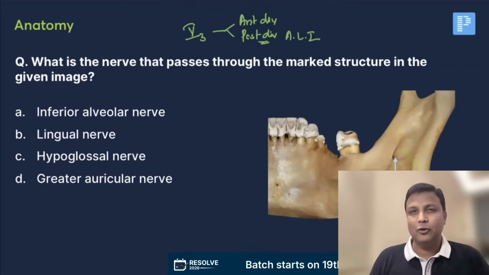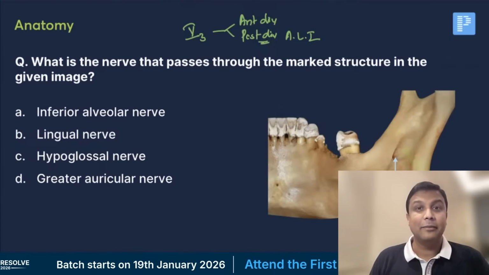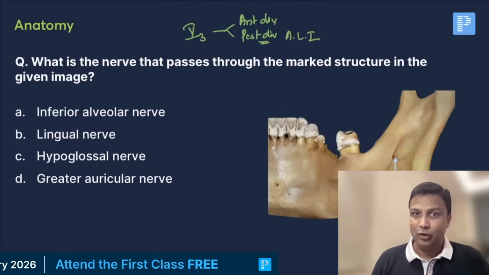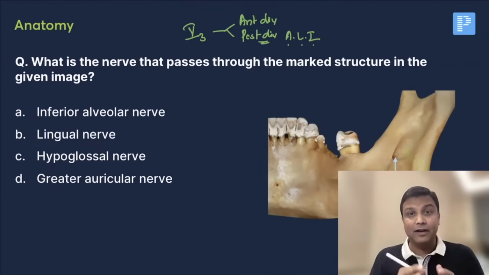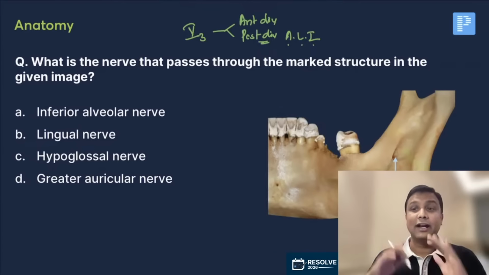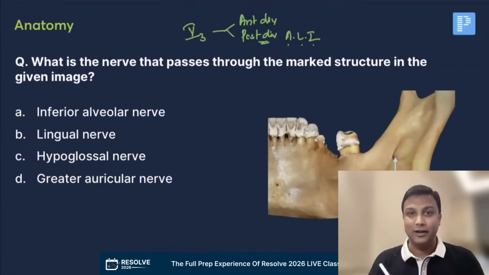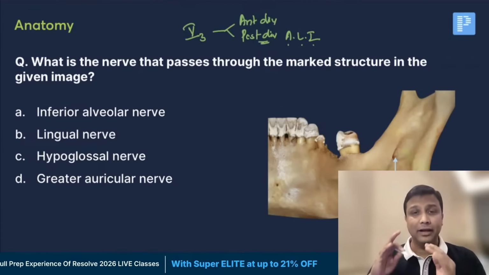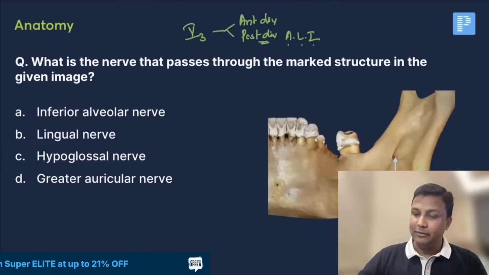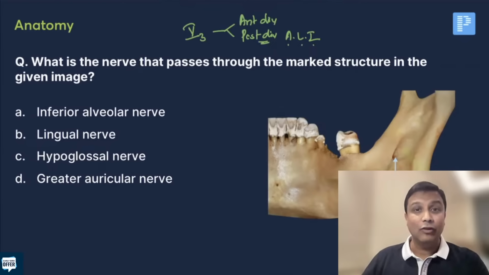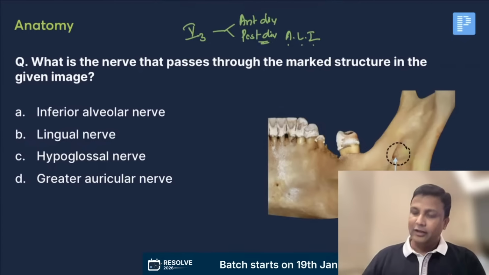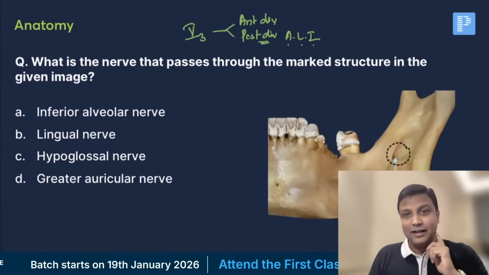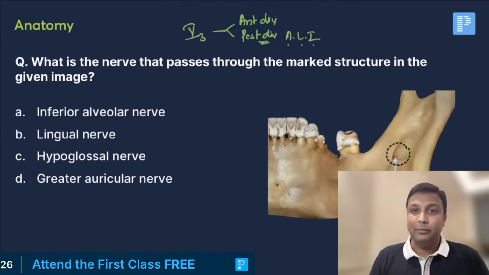And I told you that the question in your exam will come from these three branches. Definitely the question will come from out of these three branches. Every time they'll be giving one branch. In fact, auriculotemporal nerve, lingual nerve, and inferior alveolar nerve, all the three nerves, I even told you the question that is going to come. The question is, in the mandible, where will the inferior alveolar nerve pass from? I told you that in this mandible on the medial side there will be one opening, and that opening will be the mandibular foramen.